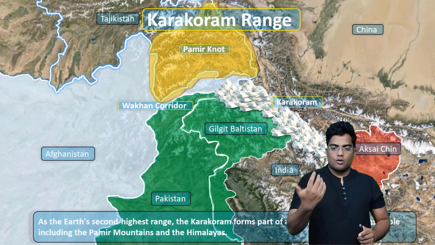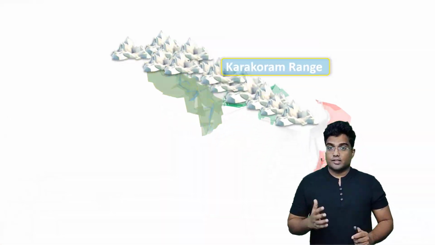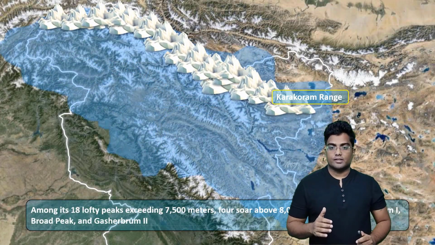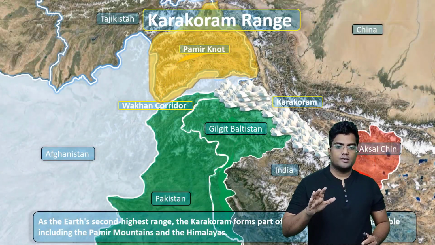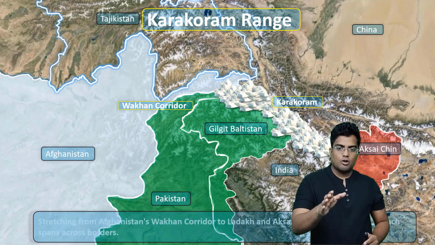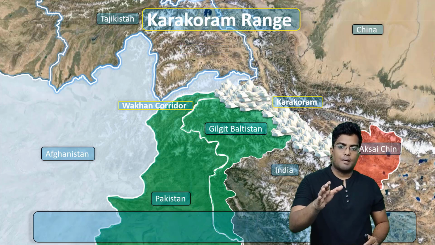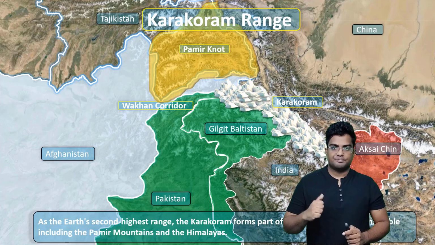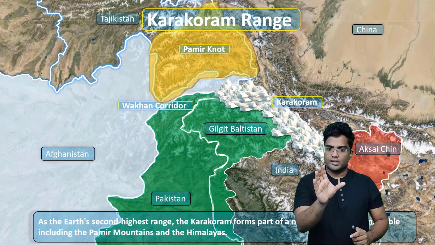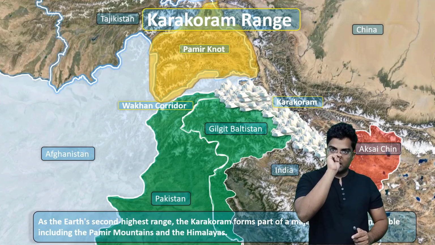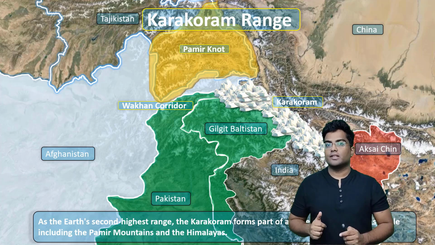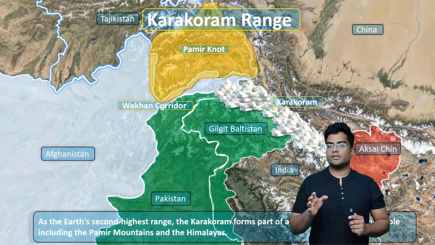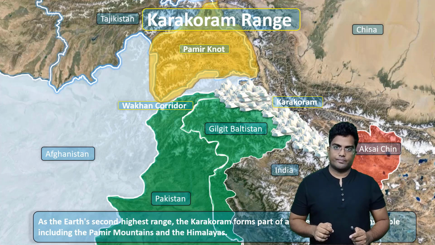Now there is an important thing that we have to discuss. As you can see, there is a small part called the Pamir Knot. We have discussed the Pamir Knot in our earlier lecture. This is the Pamir Knot, and it is the place where several mountain ranges converge.